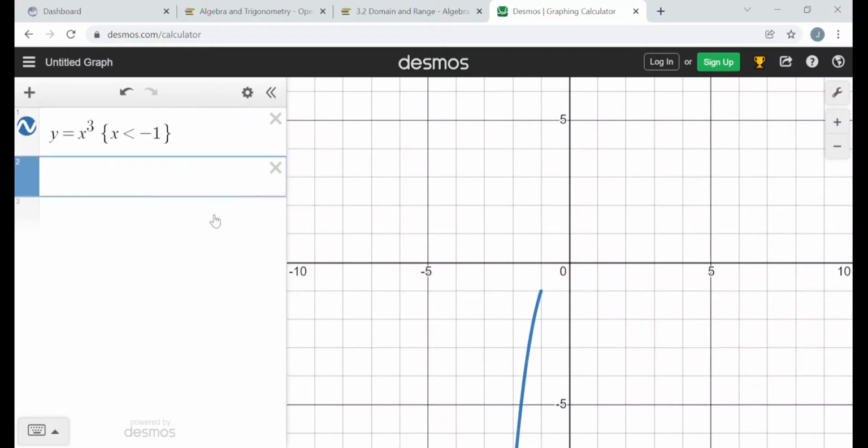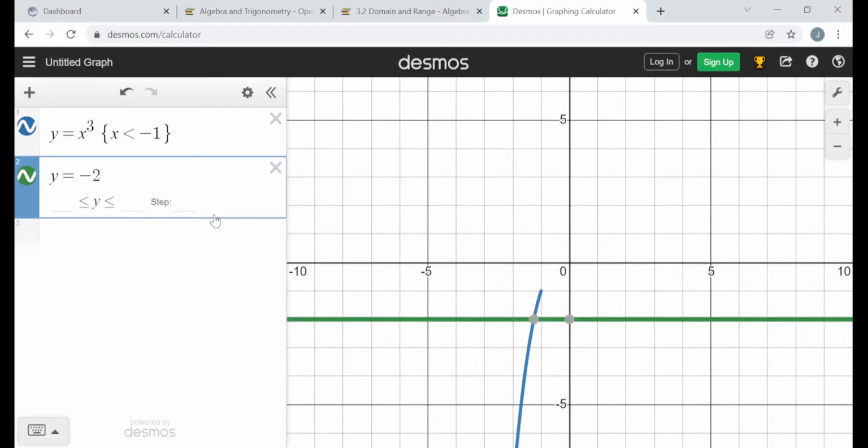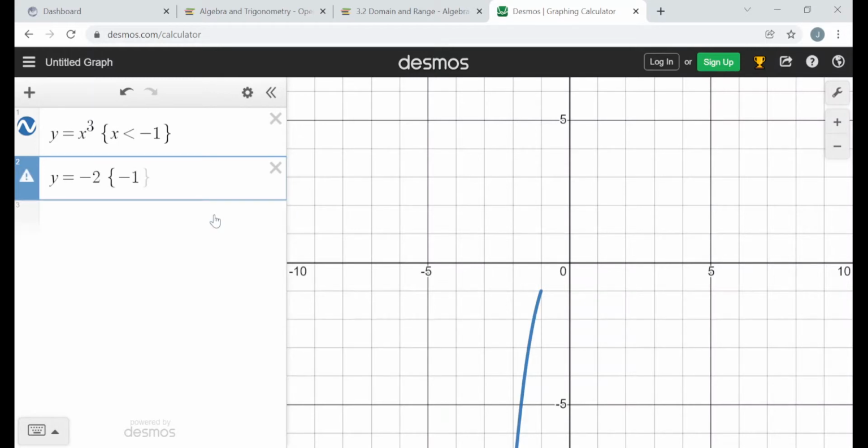All right, then the second piece. Again, y equals -2. Now you see it's the entire line right now, but I don't want the entire line. I want just the part of the line where x is between -1 and 4.